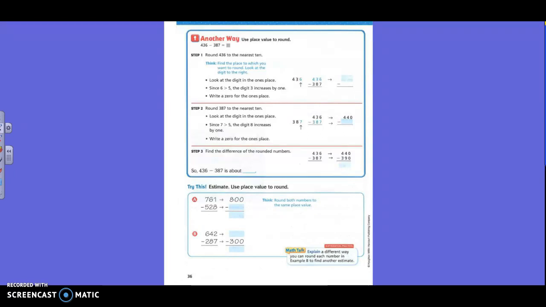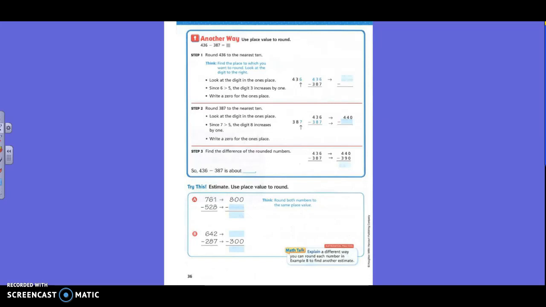Another way to do this is using place value to round. So, the first step, read the first step for me, please. We're going to subtract 436 minus 387. Step 1 says to what?